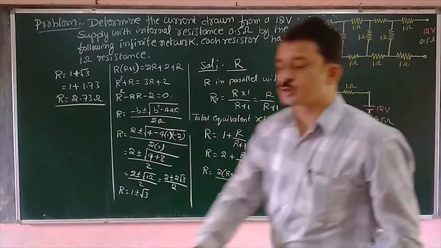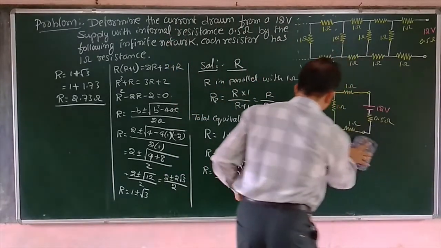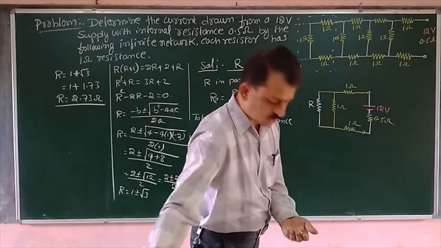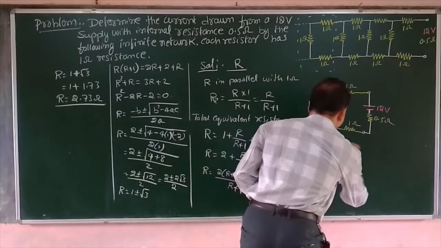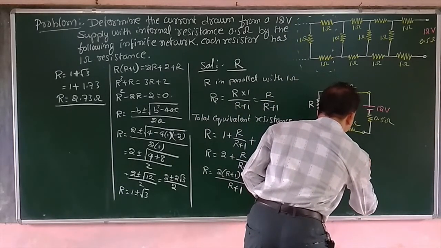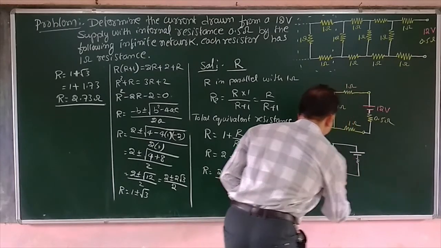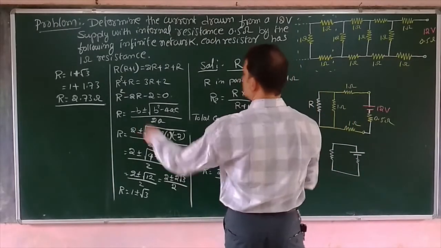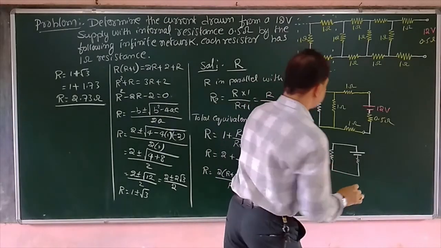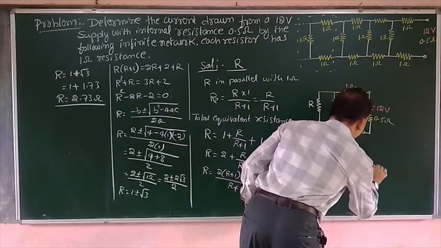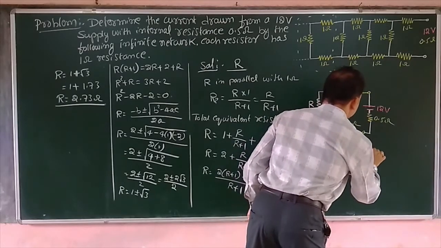Now, the circuit reduces to, I will write here the new circuit. We have an equivalent resistor, we have a cell and an internal resistor. Now, this is 2.73. Now this one is 0.5 and voltage is 12 volts.